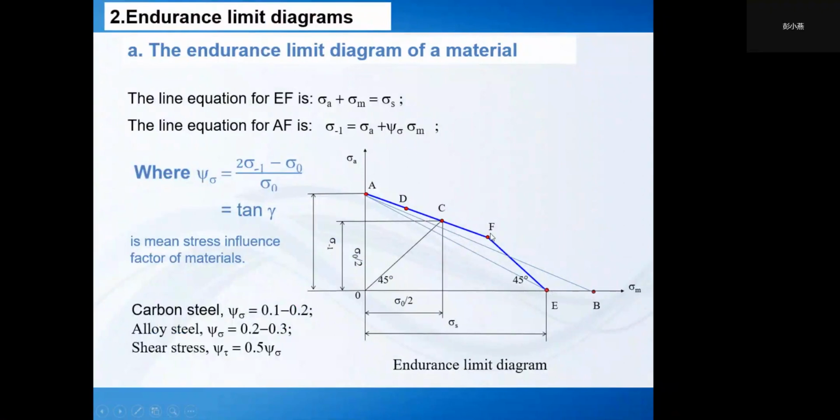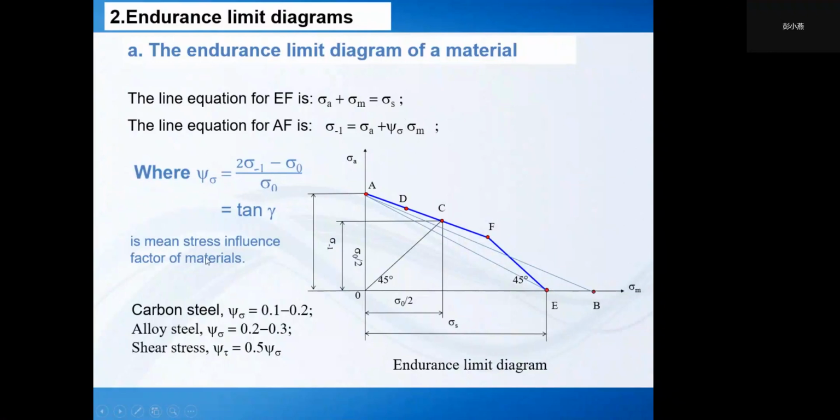For EF, we have sigma A plus sigma M equal to the yield stress sigma S. And for line AF, we have sigma minus 1 equal to sigma A plus psi sigma times sigma M. And psi sigma can be expressed as this.